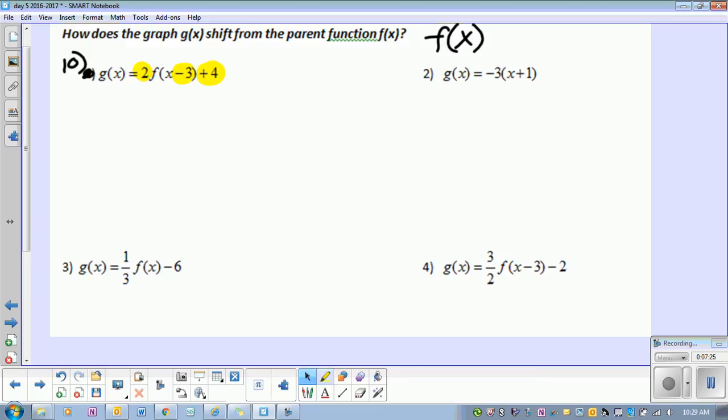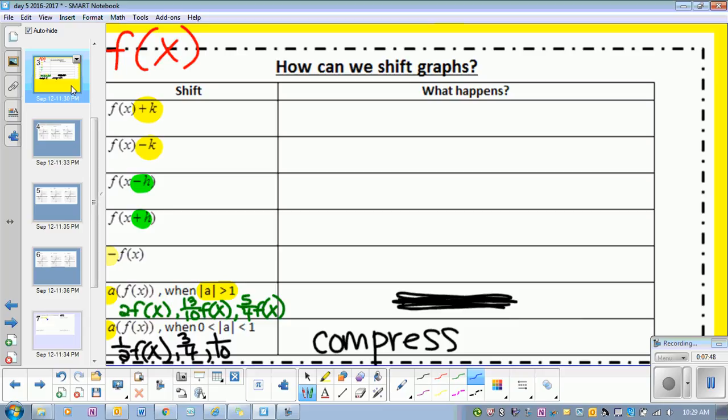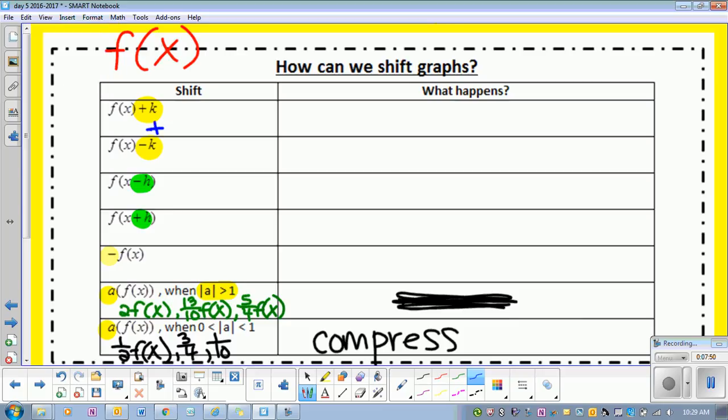So let's talk about what each one of those means. This plus 4, how did it move? If I have a plus a number all the way on the outside, it went to the left? Plus 3, how did that one move?